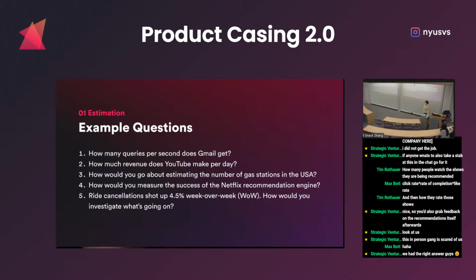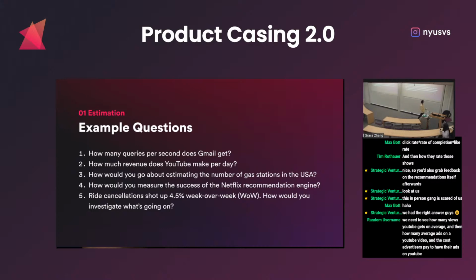There are a lot of different ways YouTube can make revenue. How does YouTube make money? Ads, the premium subscription, licensing maybe. So that's already three ways you can segment this.